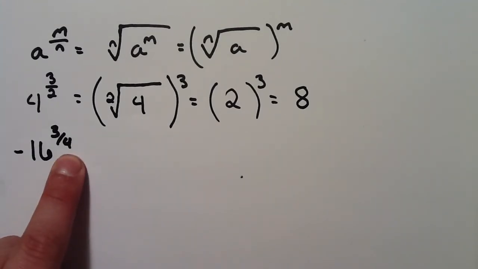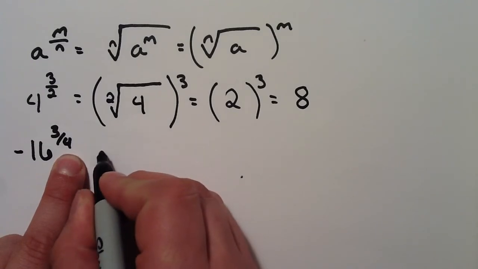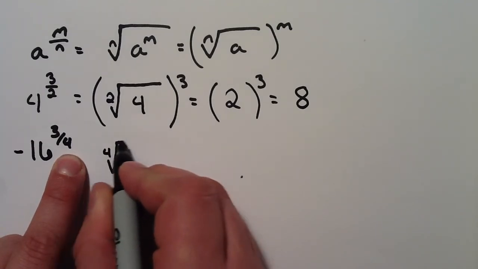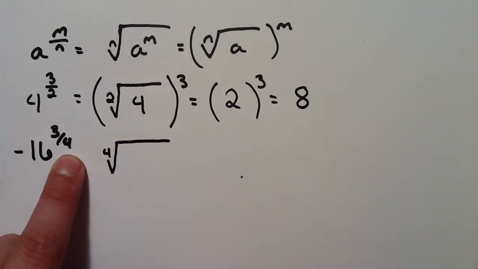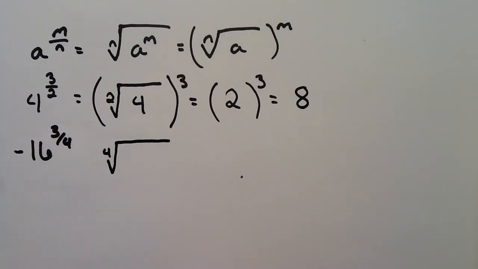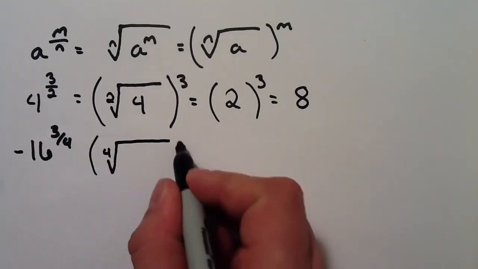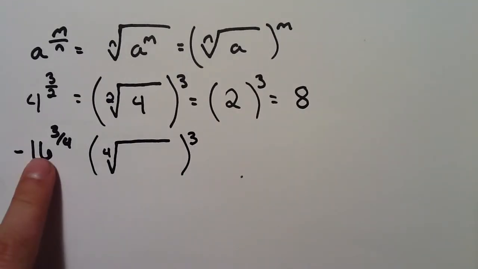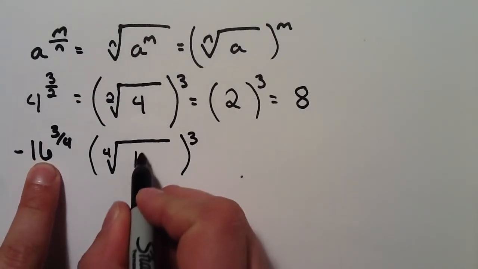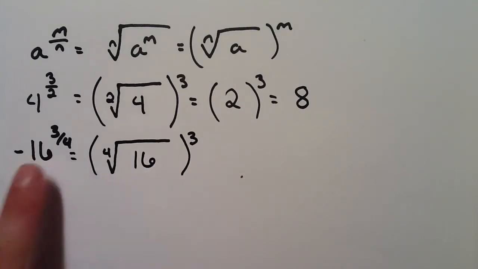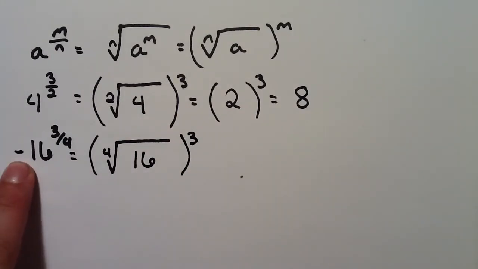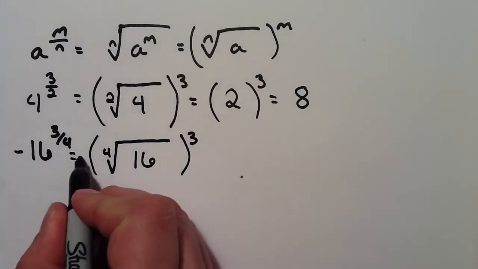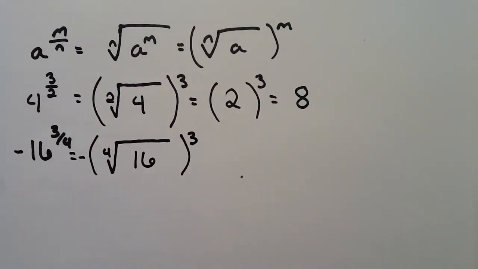So the denominator of my exponent is a 4, which becomes the index of my radical. The numerator of my exponent becomes the power, so to the 3rd power. And the 16 just gets written right inside. Now since this negative wasn't taken to the 3/4 power, the negative just gets written right outside.